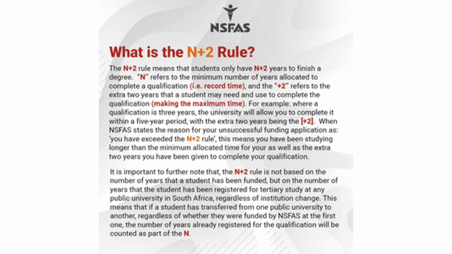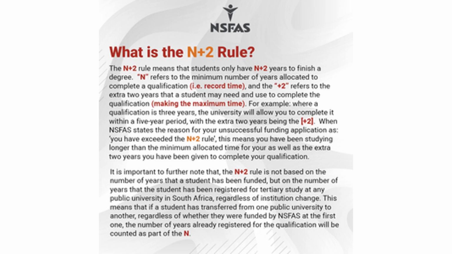So let's say maybe you're doing engineering, you're supposed to finish it in record time. That is 4 years. If you go to that varsity and you fail to finish that course in 4 years, you will be excluded financially because you have exceeded the maximum number that you were given by NSFAS.